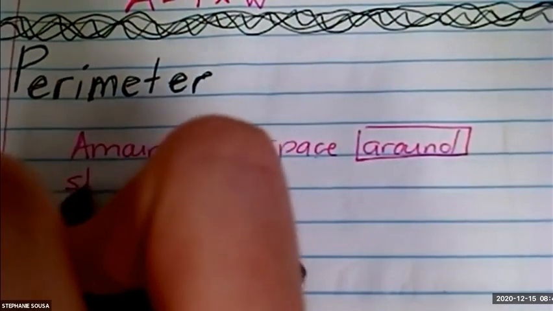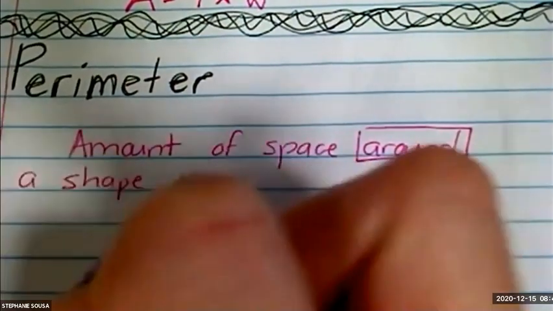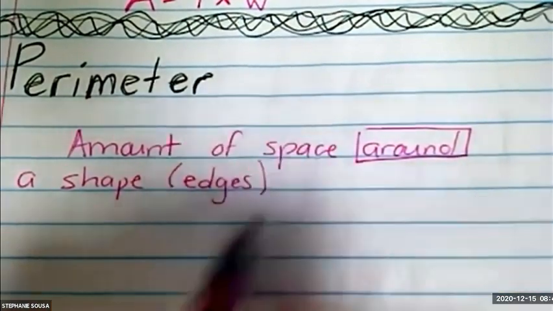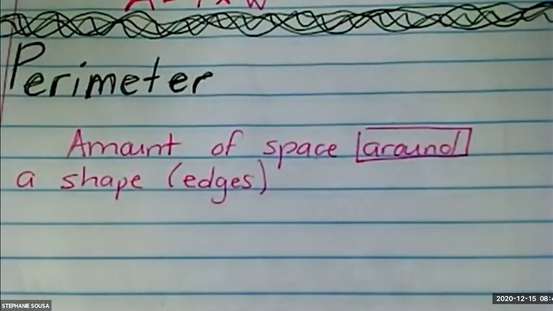I'm going to put that it is the edges. Give you a moment to copy that down. Again, perimeter is the amount of space around a shape. It is the outside edges.